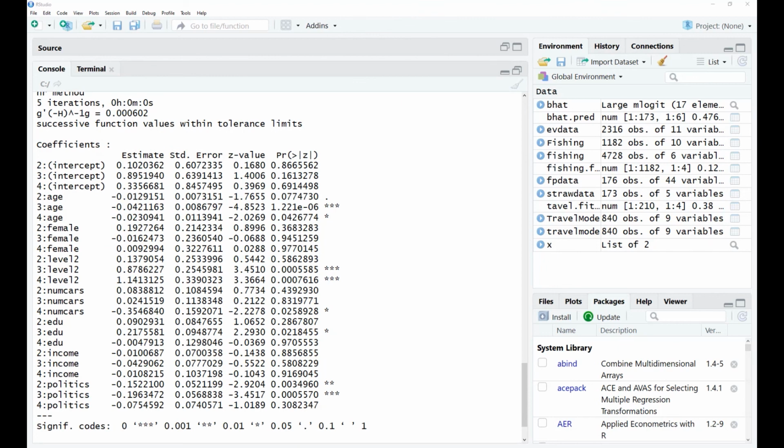Note that here the base category is the gasoline car. And we see that level 2, or the knowledge of a level 2 charger, is statistically significant for the plug-in hybrid vehicle and the electric vehicle. This makes sense because both of those vehicles need a charger to be charged. Okay.